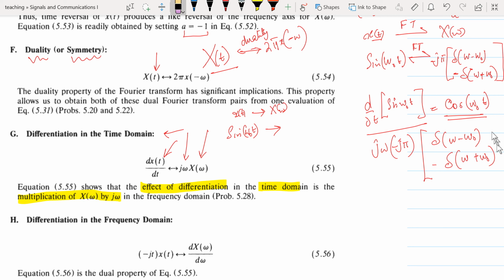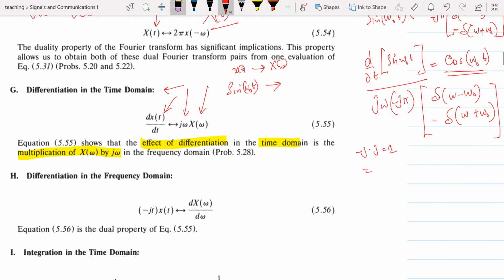So, and therefore, if we solve this, this should come to negative j times j times j is actually equal to 1. Therefore, we are going to have, of course, I need to correct myself again that this is not true. We know j dot j is equivalent to root of minus 1 dot root of minus 1, and this is the one that gives us minus 1.